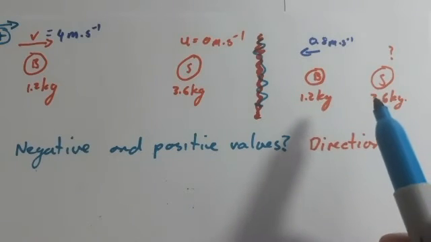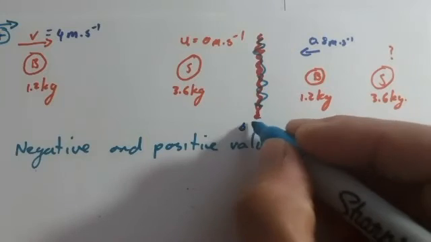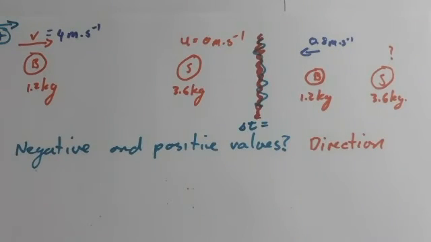The other thing that we do get from the graph is the time that the two objects, B and S, are in contact with each other. That's that diagonal line indicating the time that they are in contact, the time that it changes from one velocity to the other, from one momentum to the other, the time for the change in momentum.